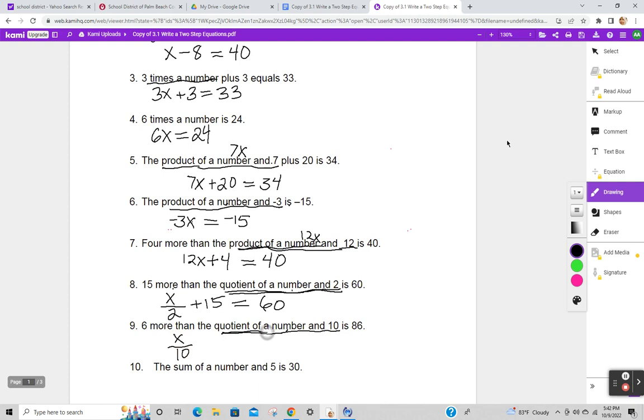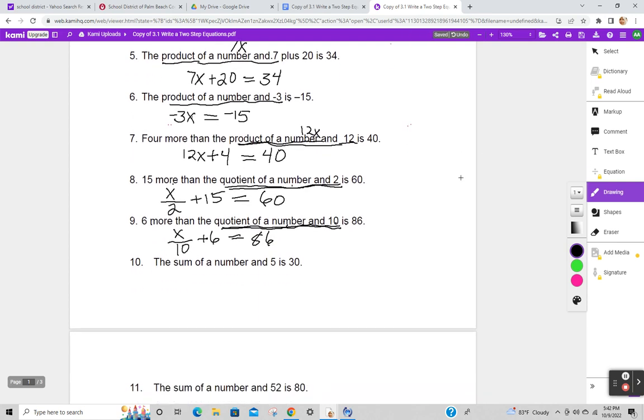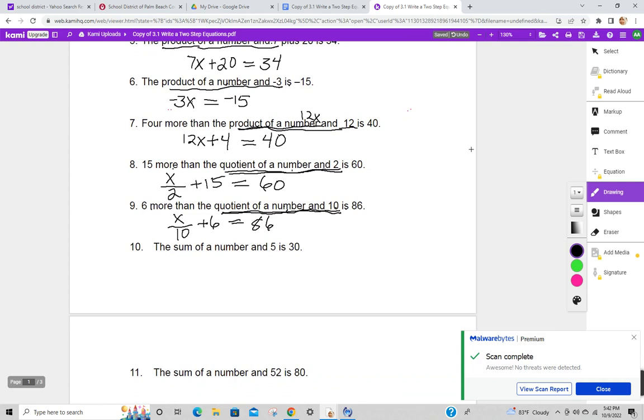When you have an expression like that, you are going to be writing a fraction, and whatever appears first will be your numerator, whatever appears second will be your denominator. Okay, now to that, I'm going to add 6 more, and that's going to be equal to, because we have the word is, it's equal to 86. Okay, you should know the word sum means you're adding.